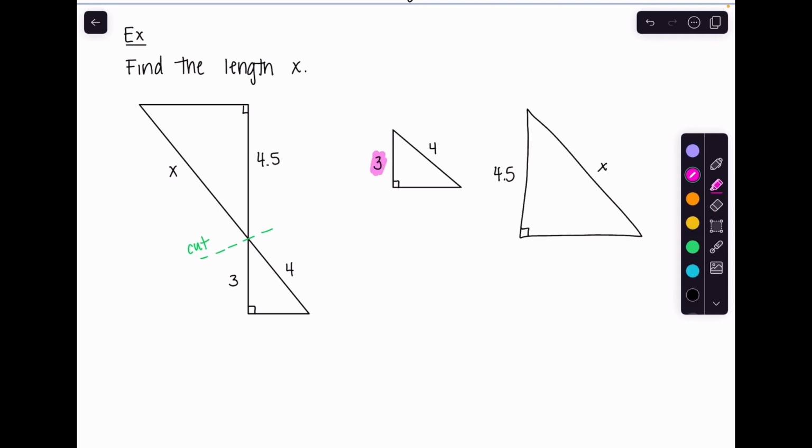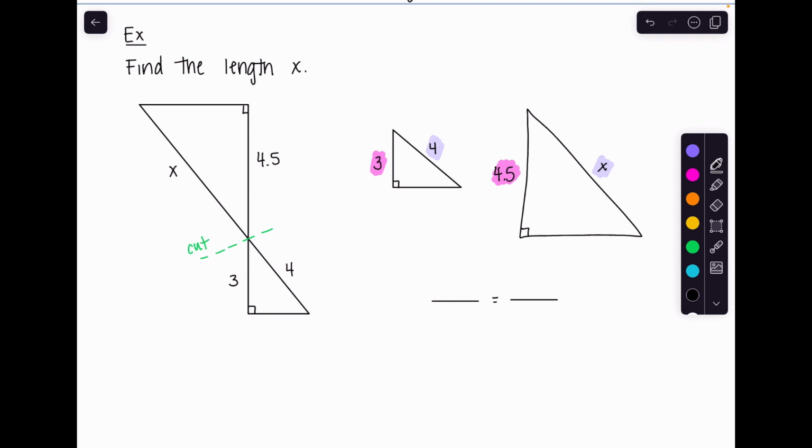So I've got these two similar triangles now, and I want to solve for this unknown. So 3 pairs with the side 4.5, and then 4 pairs with X, because those are the sides across from the 90 degrees. So I can set up a proportion because I know that the ratios of these are equivalent to each other. And I can take the same triangle on one side. I could do the same in the tops. Remember, you have a ton of ways that you can set up proportions.